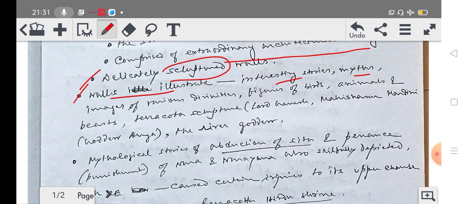Many types of myths or mythological stories, जिसको हम पौराणिक उपकथार स्टोरीज बोलते हैं.